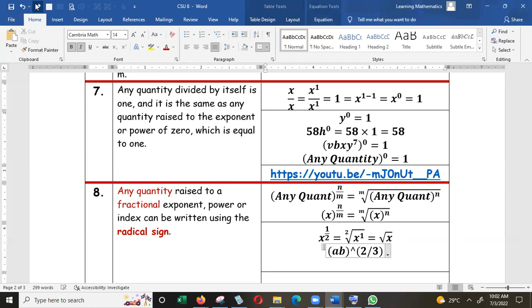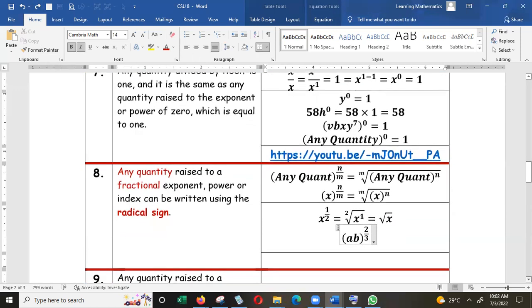Let's say we have another example. AB raised to the exponent of 2 over 3. As you can see, it's a fractional exponent. So 2 will become the power of AB, which will be under the radical sign, and 3 will be the degree of the radical sign. The denominator always becomes the degree, bear that in mind.